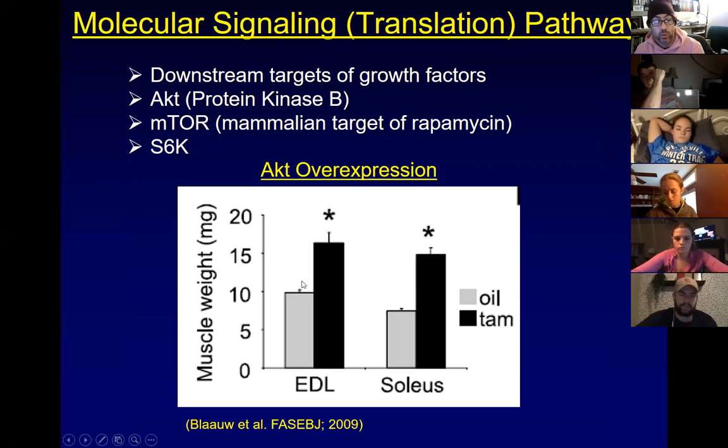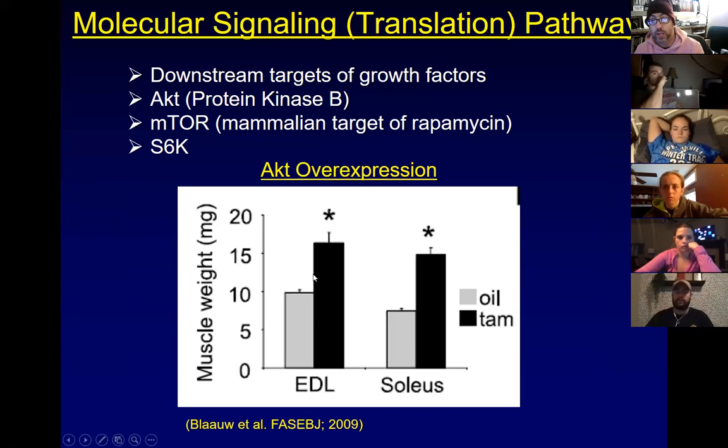What they're doing basically is they have a mouse model that overexpresses AKT, this protein kinase B. And you can look at its EDL, and you can look at its soleus muscles, okay? And you treat it with this TAM molecule, which turns on the overexpression.